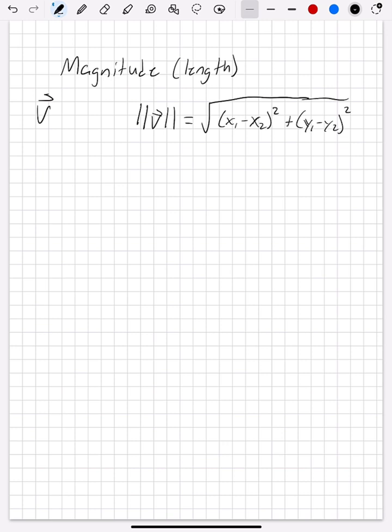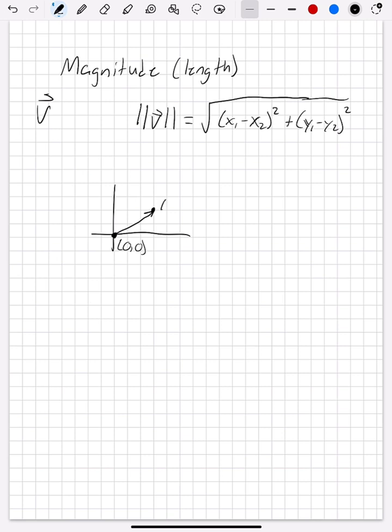Okay. So let's look at an example here. We've got a vector v that has a starting or initial point at 0, 0. It has a terminal point at 3, 2.